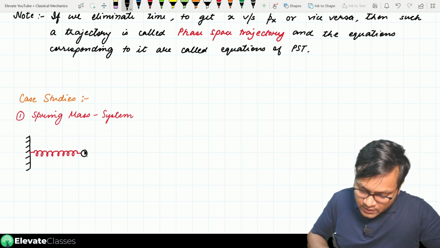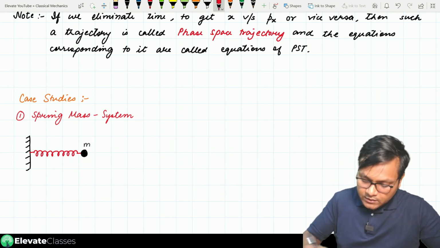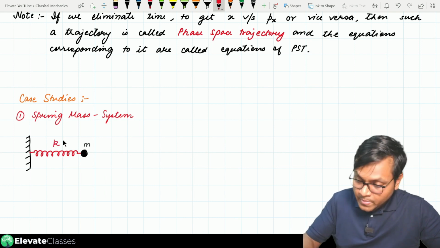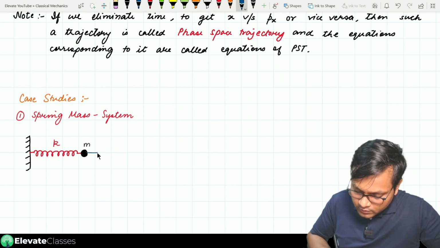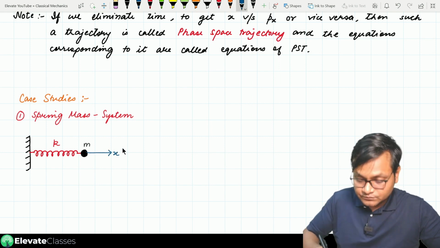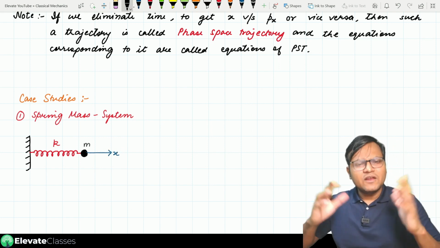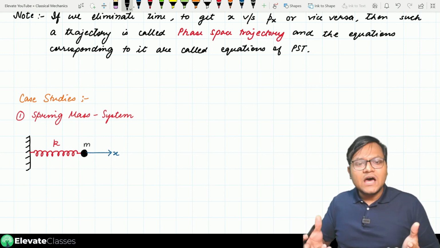There is a point mass associated with it like this. Okay, so we have a point mass m and a spring having spring constant k. So the variation of the point mass will be along the x-axis. All right, very simple.